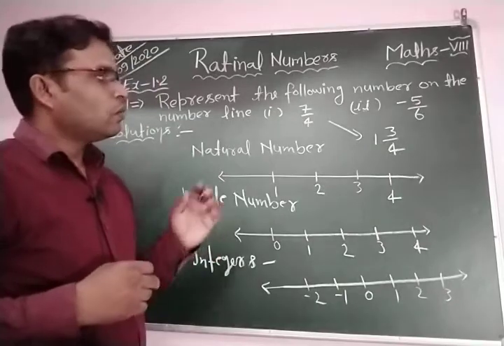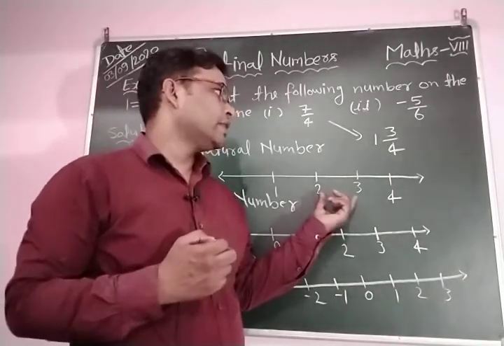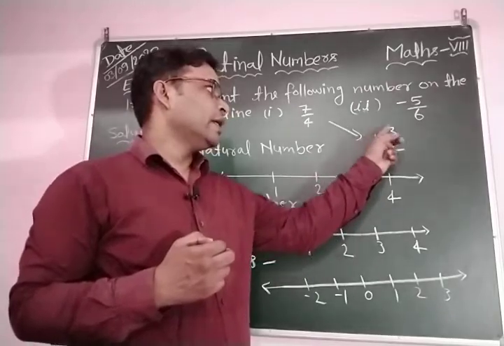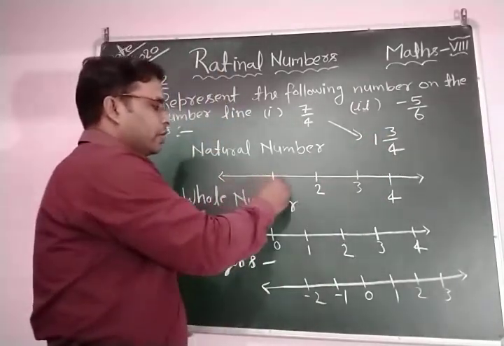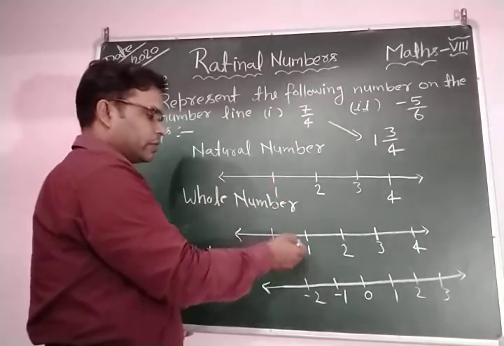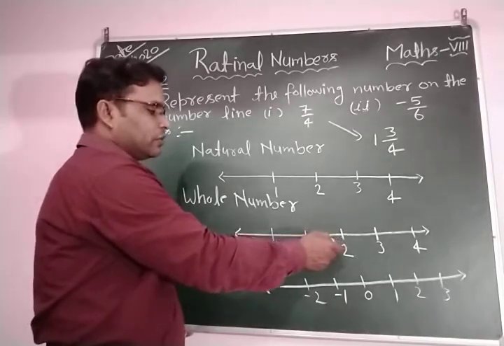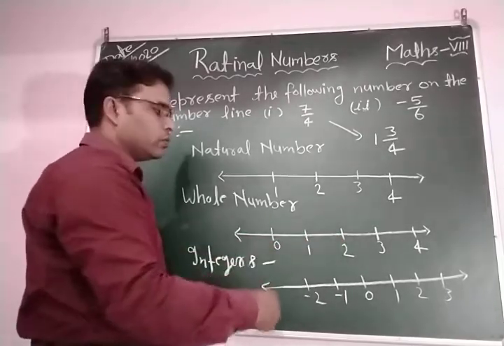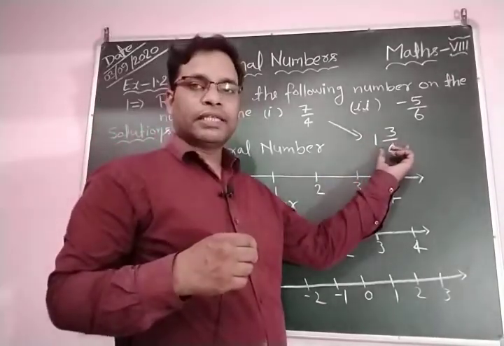It means that 7 by 4 lies between 1 and 2, because it is 1 whole and 3 by 4. The denominator of this proper fraction is 4.